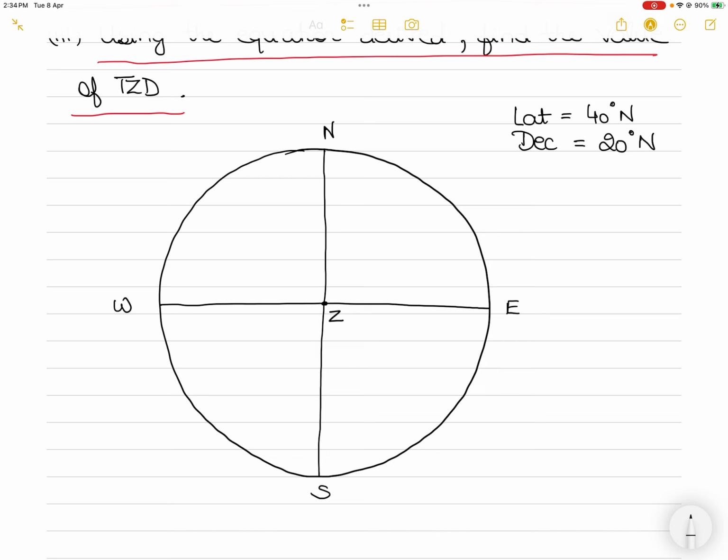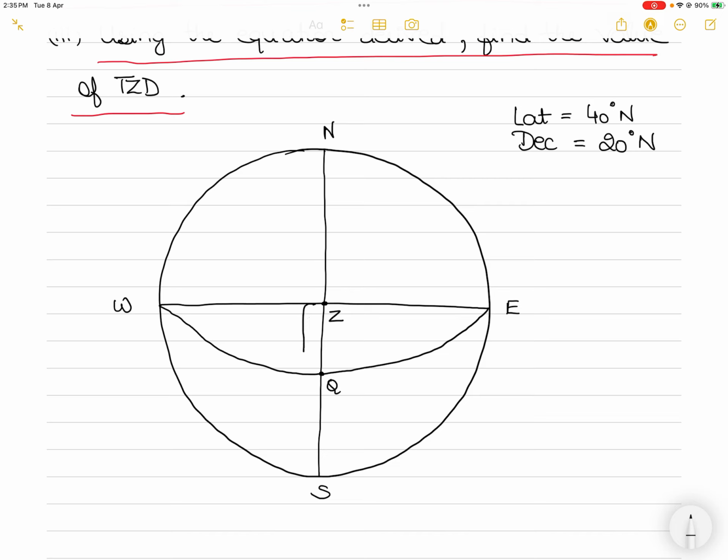So you will draw the celestial equinoctial south of the observer, putting the observer north of the equator, and you will join W to E and call this point Q. Q stands for celestial equator or equinoctial.